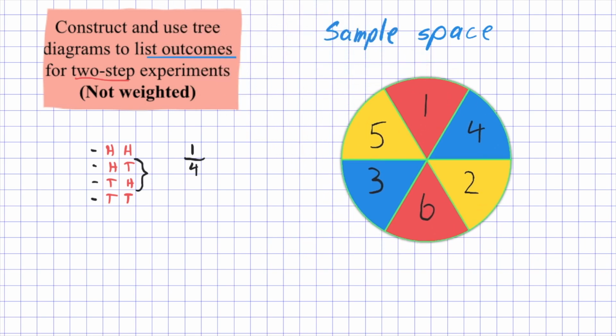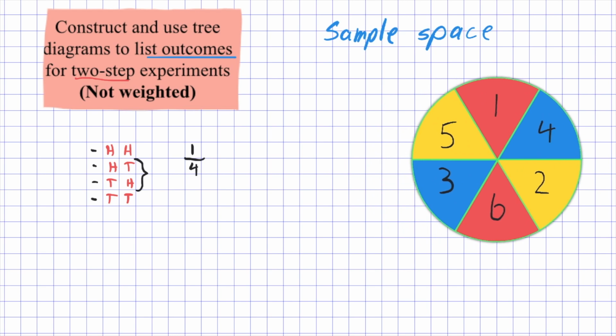Only we're going to try it this time with this spinner. Now, you have this spinner, it's 1 to 6. Each section can be assumed to have an even chance. Have a go, pause the video and write out the first line of your single-step experiment for all the possible outcomes.